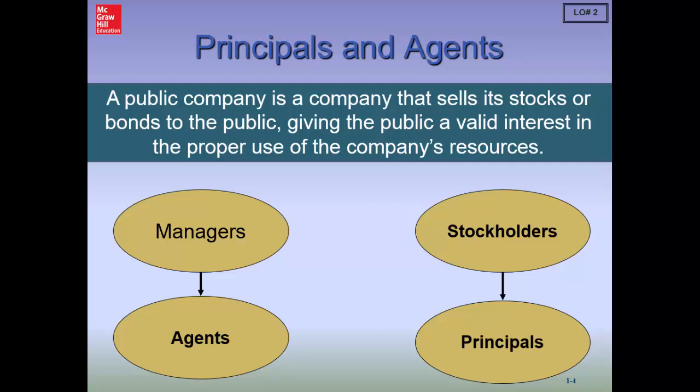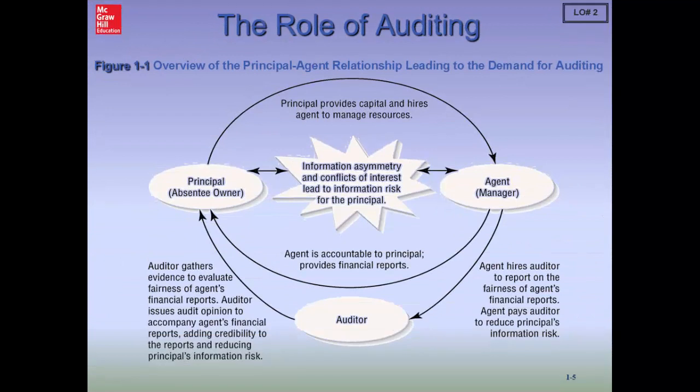And then there are the agents. Agents are represented by management. Agents have their own self-interest, principals have their own self-interest, but it's through the audit that information is communicated from managers to the principals of the organization in terms of determining what is actually taking place.